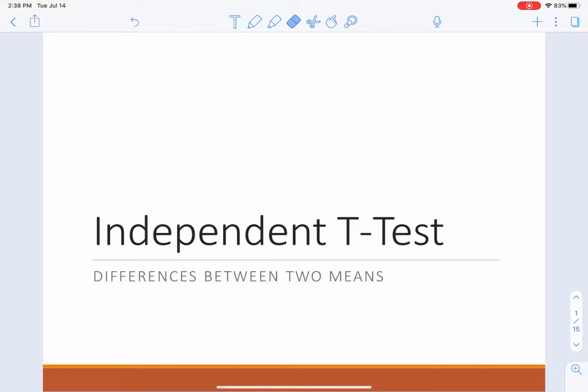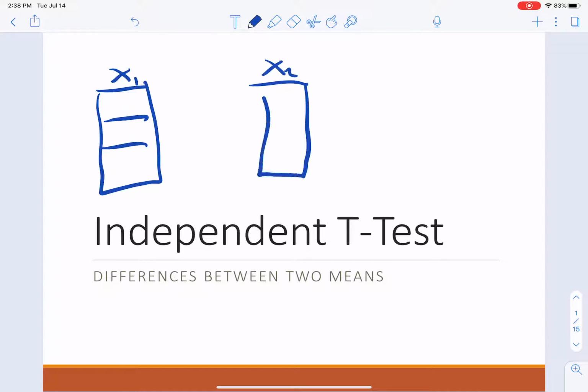Now, this is going to be the more classical side of statistics and very much the classical side of research, when you've got two groups. Let's say X1 represents group 1. It's got this many people, whatever, 3 people. X2, same kind of deal. This one might have 4.